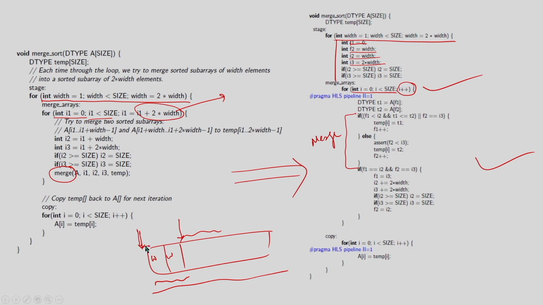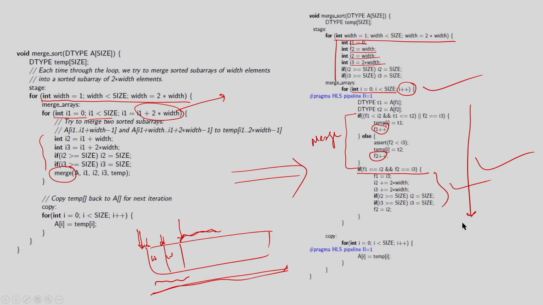In every iteration, because finally you have to go through the whole array of size, you merge these two arrays, and after each iteration you increase I1 or I2 and check whether you have reached the next block or not. If you have completed that part, you go to the next block. The next block shifting that was calculated earlier is happening here. So the merging and the next block shifting are happening in the same loop.